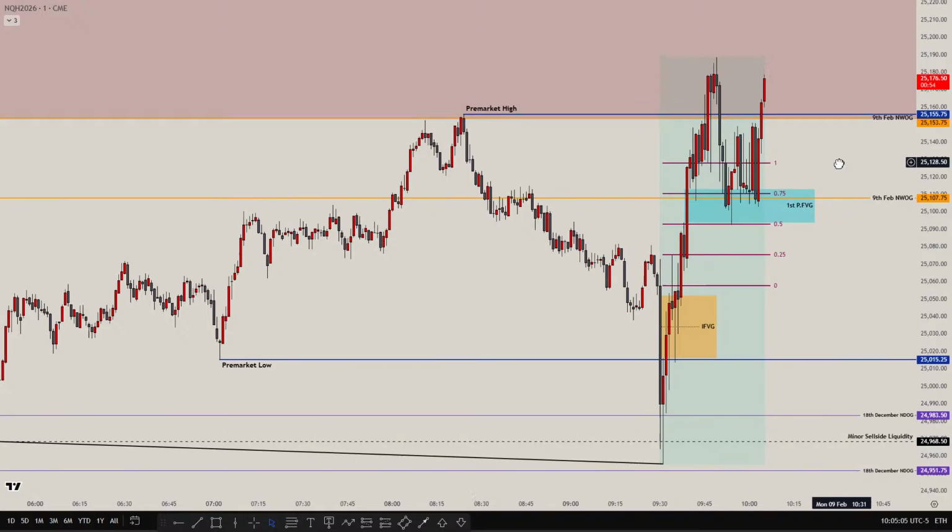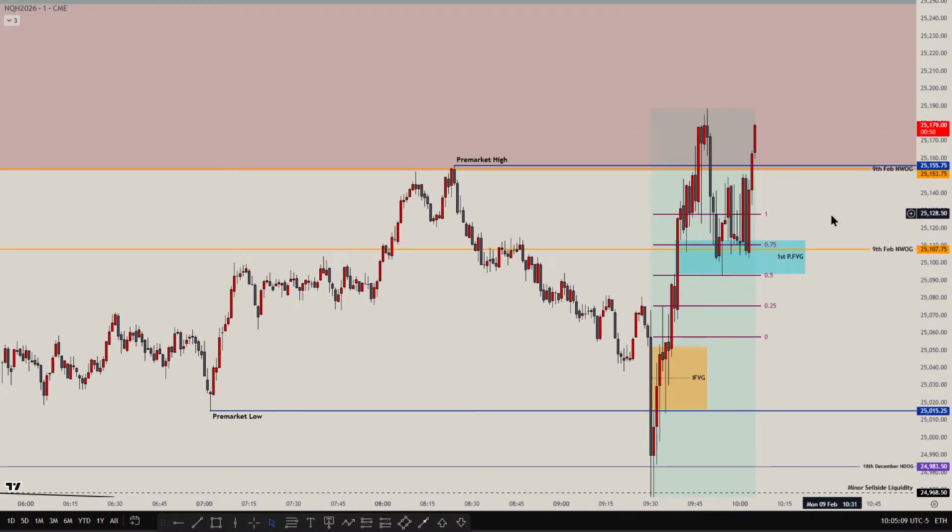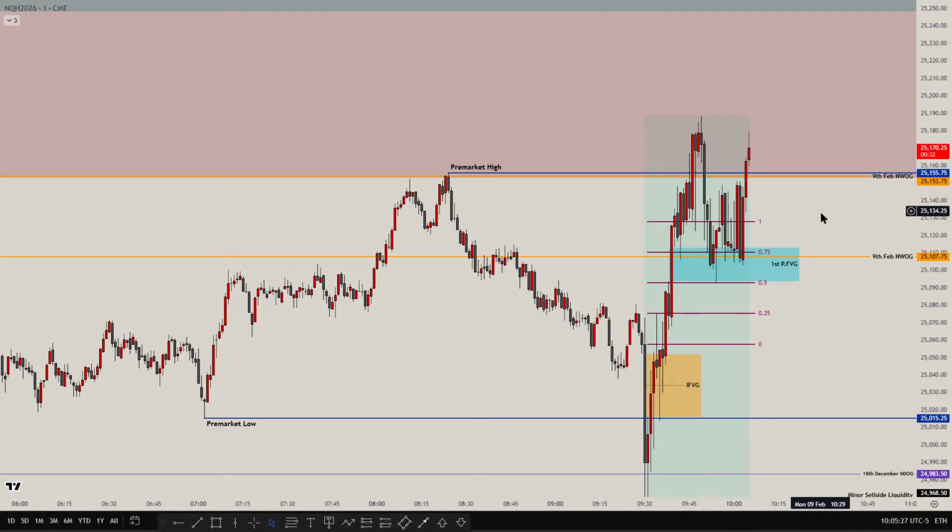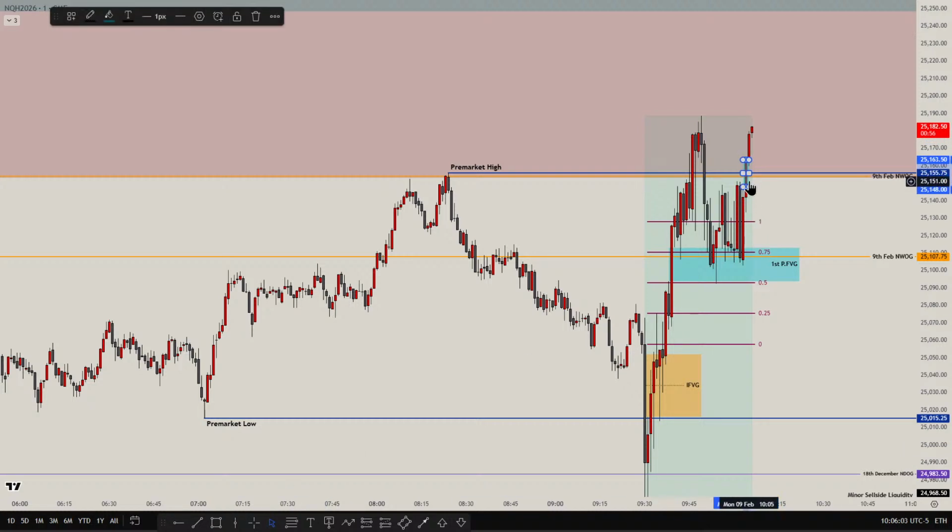Are we finally going to see a fair value gap form? Finally, a fair value gap. 9:24 to 9:27, consecutive green candle.